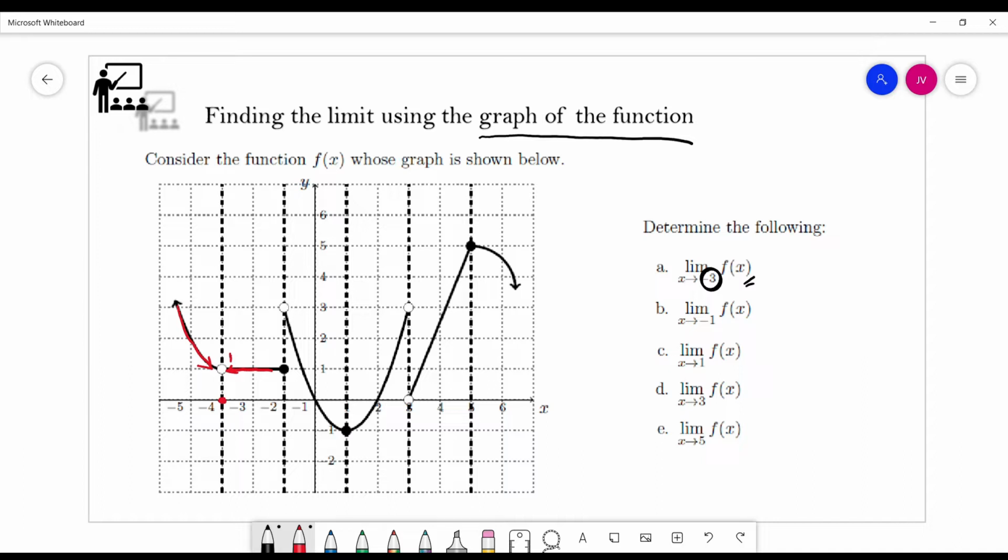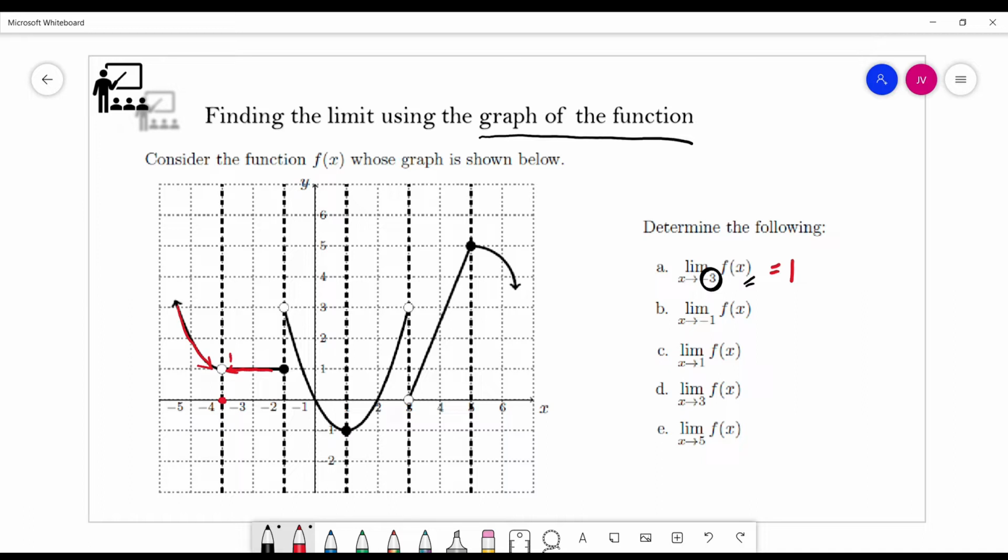So, ibig sabihin nito, if yung graph natin ay nag-approach with the same value, the limit of our function is equal to 1. So, yun yung nagiging basis natin: both left and right graph based on our constant, which is -3.